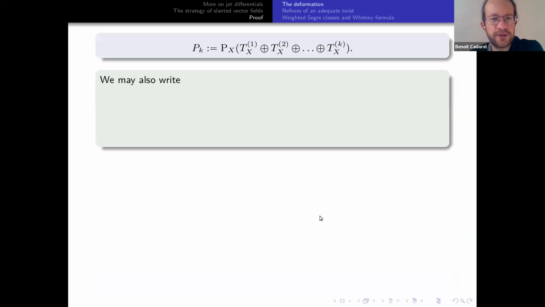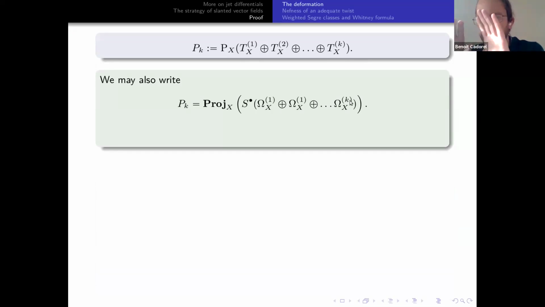Okay, so you have this. And let me also say that you can write this weighted projective space as the Proj of some algebra, which is given by the symmetric algebra of a sum of copies of the cotangent bundle, but again, not generated in degree 1, but generated in degrees 1, 2, 3, etc. until k.